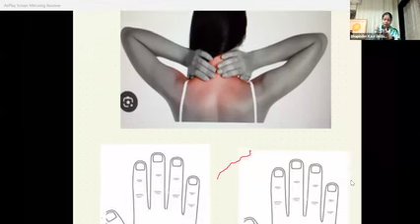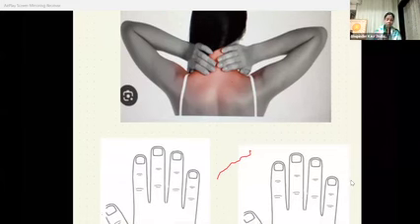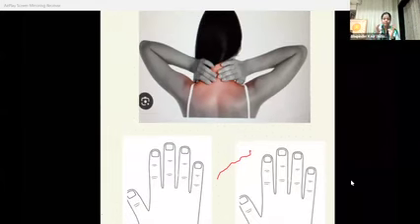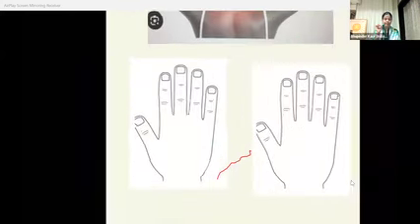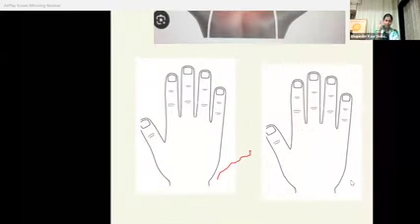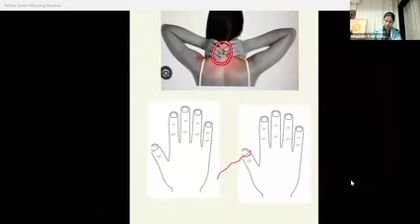Yes, so I will show on my hand also, but let us first make a framework of where to do treatment. So in this hand, in basic system, because we have two systems, basic system and insect system, this is the place where we will do treatment for the cervical region.